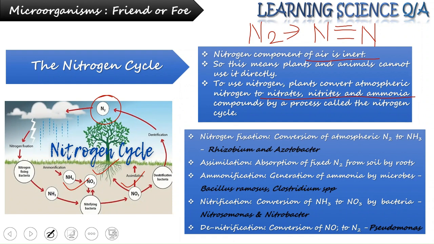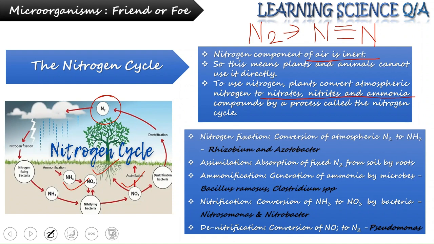Nitrogen fixation can take place in three ways: atmospheric nitrogen fixation, which is natural; industrial nitrogen fixation, which is carried out in industries by Haber's process; and biological nitrogen fixation, which takes place with the help of the bacteria Rhizobium.